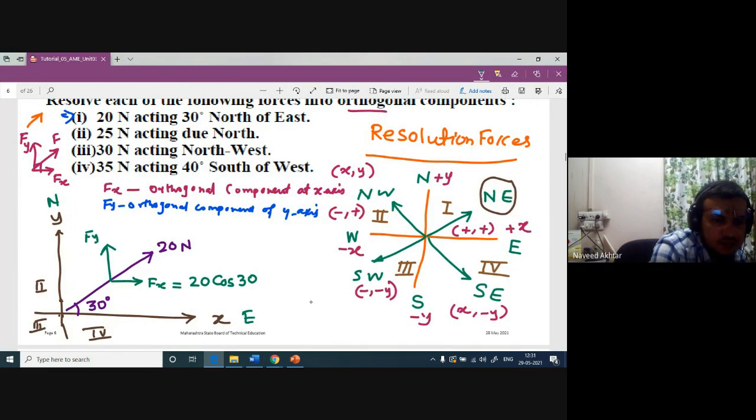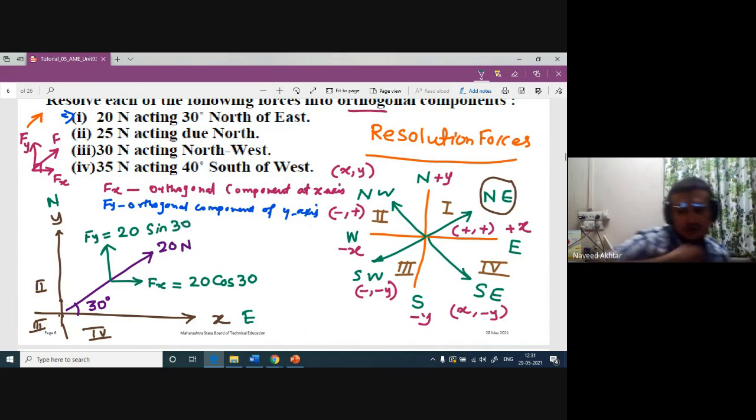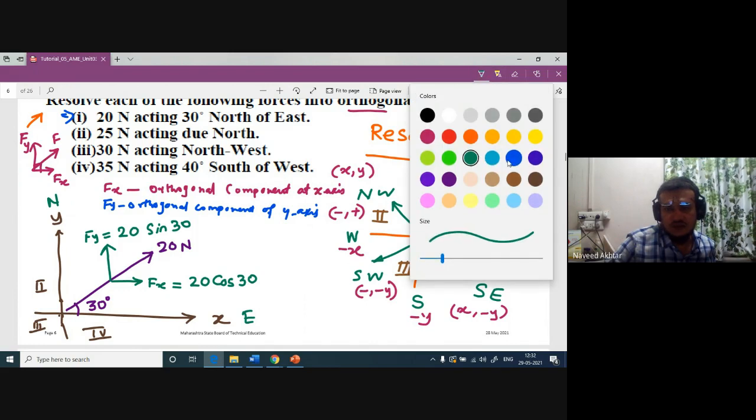The Fy is equal to 20 sine of 30, because theta is the angle made with the horizontal. Now we can find out the values.